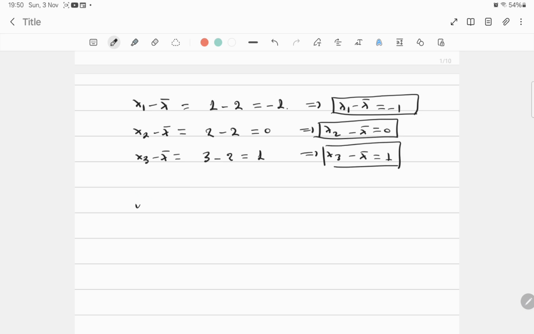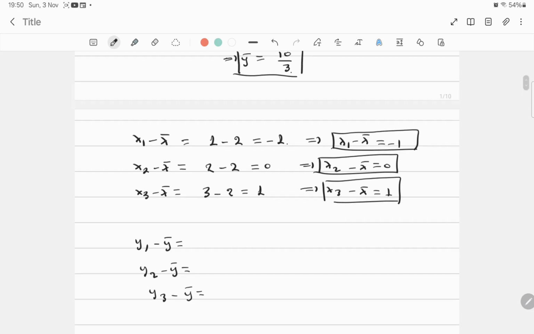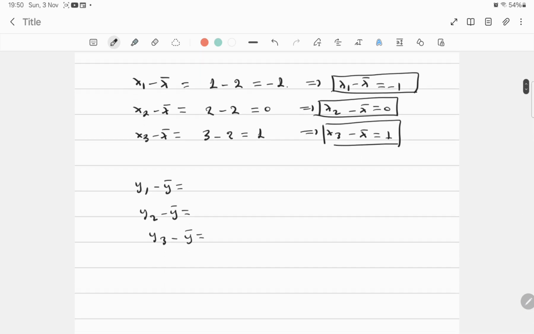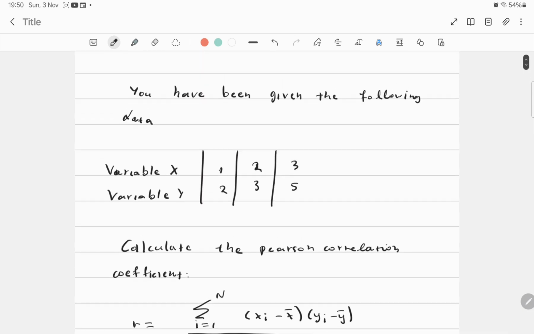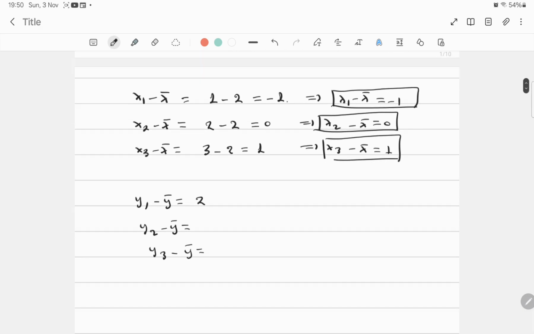And then I have to calculate y1 minus y bar, y2 minus y bar, y3 minus y bar. y1 is 2 minus 10 over 3. So it's 6 over 3 minus 10 over 3.